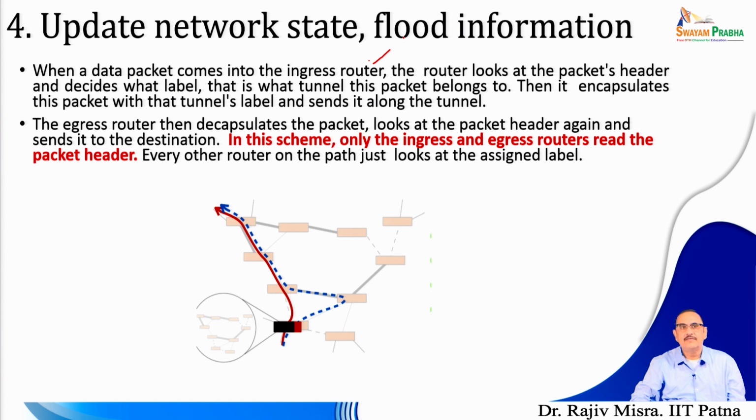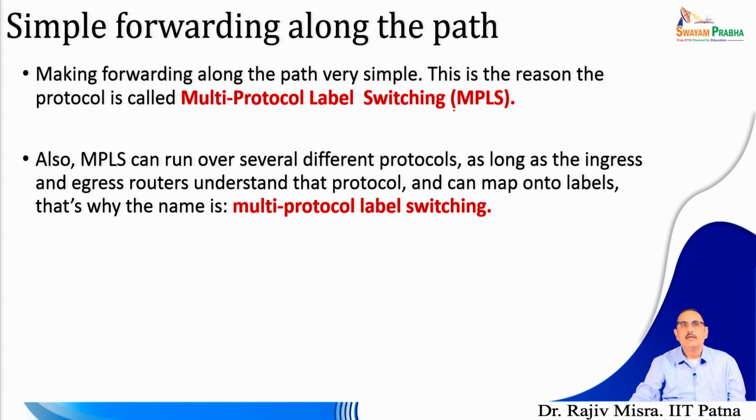Then it encapsulates this packet with that tunnel's label and sends it along the tunnel. The egress router then decapsulates the packet, looks at the packet header again and sends it to the destination. In this scheme, only the ingress and egress routers read the packet headers.